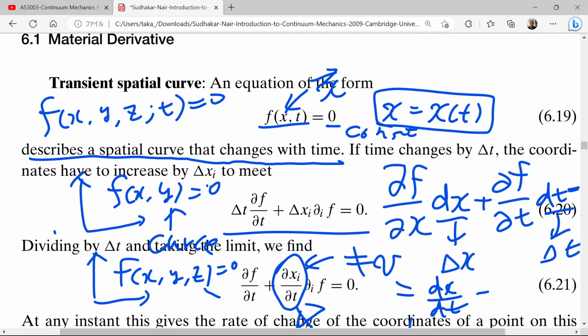Then if you have another parameter t, this is a surface which changes with time. So the equation describes a spatial curved surface.